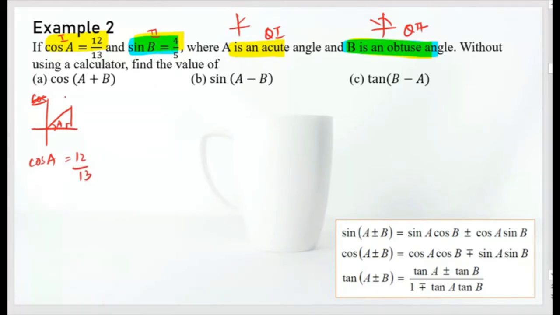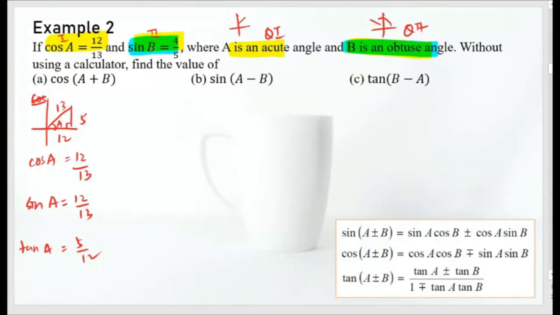Cos A is adjacent over H, 12 over 13. Use the Pythagoras theorem, or you can memorize 12, 5, 13. So it's positive, positive, positive. First quadrant, all values are positive. So your sine A is equal to opposite over H, 5 over 13, and your tangent A is equal to 5 over 12. Okay, we mark down first.